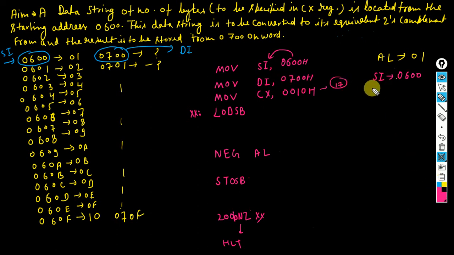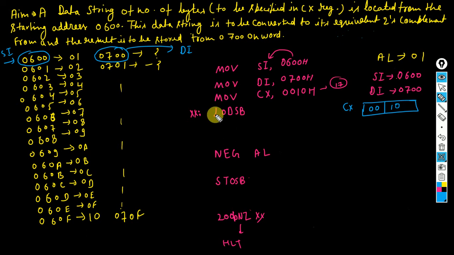Your DI will locate this memory location 0700. After the completion of this step, next step is MOV CX, 0010H, means your CX register. Suppose this is your CX register and content of CX register is 0000. After the execution of this step, your CX register value is updated by 10.